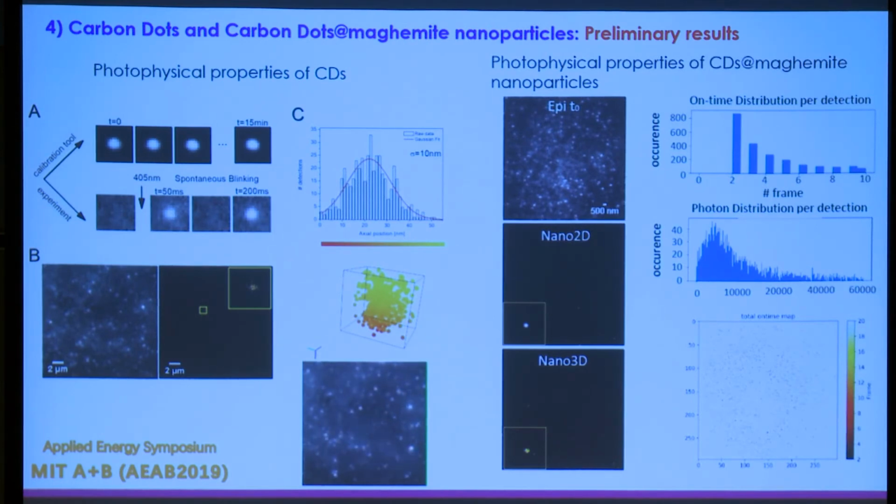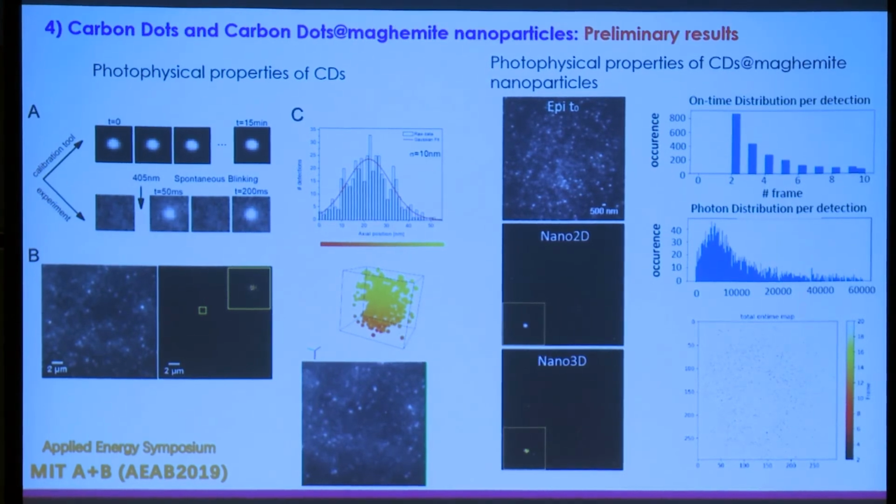We can see that when there is some interaction between the carbon dot and the uranium, there is some change of the photophysical property. This is another way to visualize the interaction and the property during the extraction.